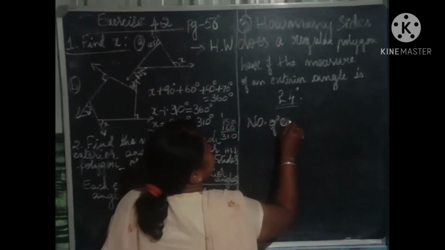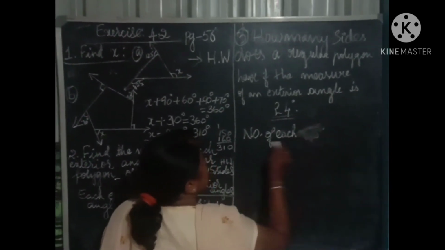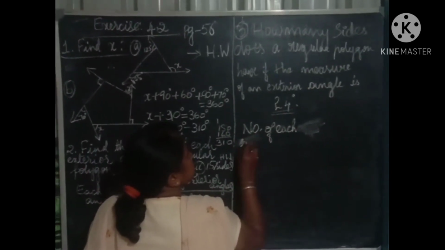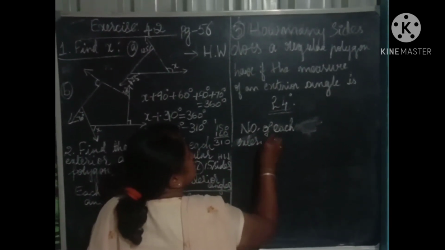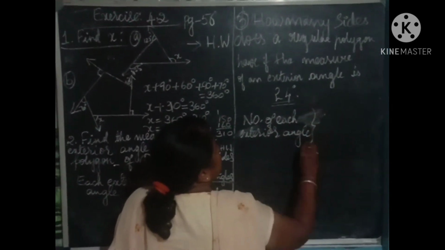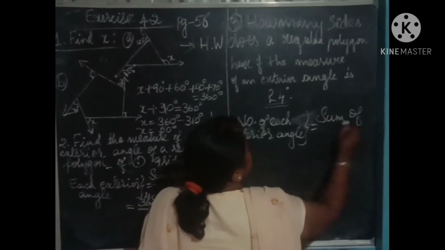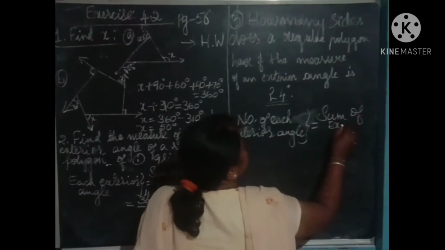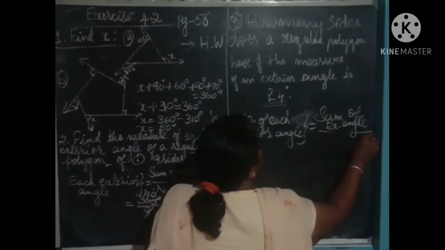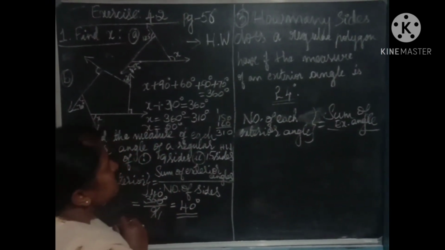Each exterior angle is equal to the sum of exterior angles divided by... I will write it in short form. What can we write here?